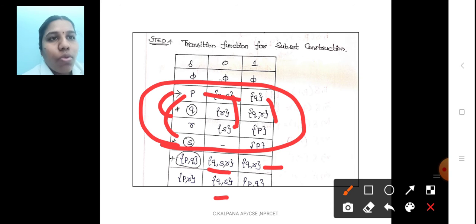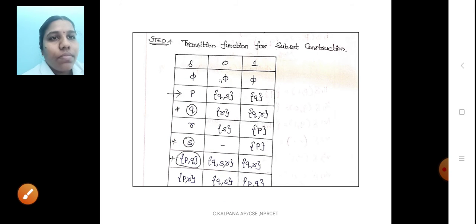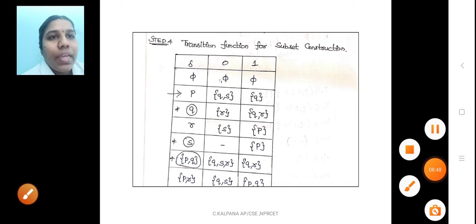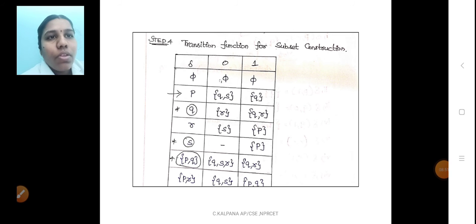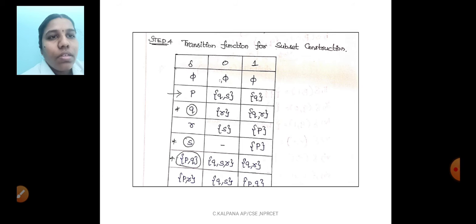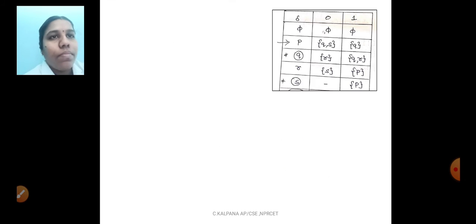QS is repeated 2 times, so I write only one time. Then PS is Q, P.